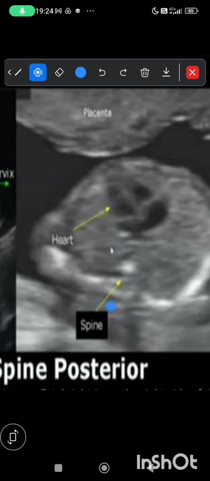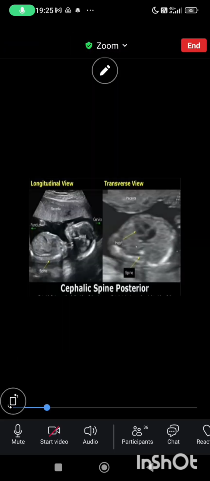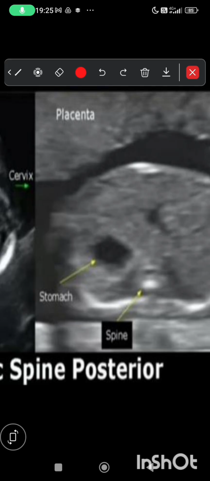We know the spine is posterior, and the opposite is anterior. The heart apex normally should point toward the left, the same side where we see the stomach. Anterior, posterior, and the stomach is toward this side, it is left, so the heart should also point toward this side.